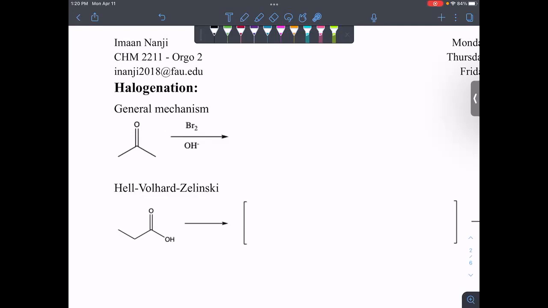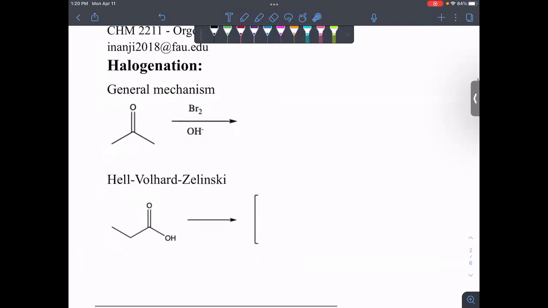Yeah, so it forms an enolate, and then with an enolate, you know that the alpha carbon has a negative charge. So with that negative charge, it just goes and attacks a bromine. So basically what's happening, you have your alpha hydrogens, you're just substituting an alpha hydrogen for a halogen.